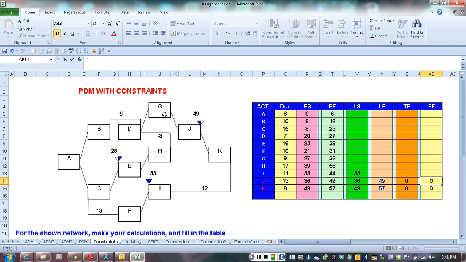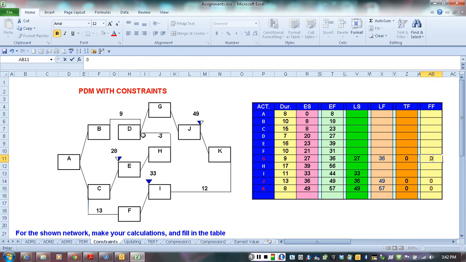Going to activity G, I'm just skipping the other ones here for a second. Activity G is going to be 36 and 27. So again, this is going to be critical. And 0 and 0 as total and free floats.